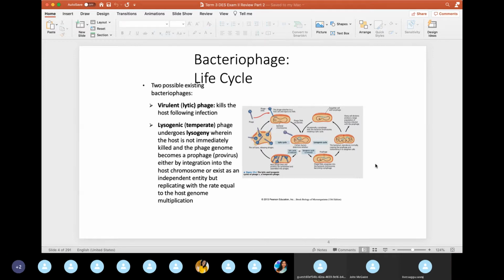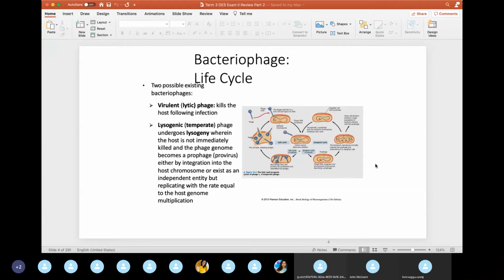There are two possible existing bacteriophages: lytic or lysogenic phase. What's the difference? In the lytic phase, you kill the host following infection. In the lysogenic phase, you do not immediately kill the host.